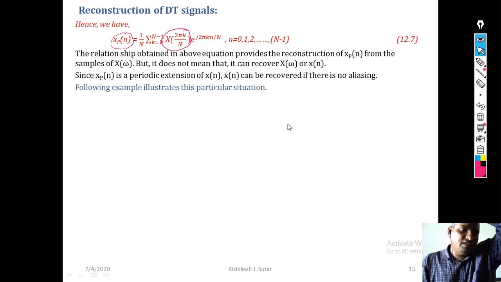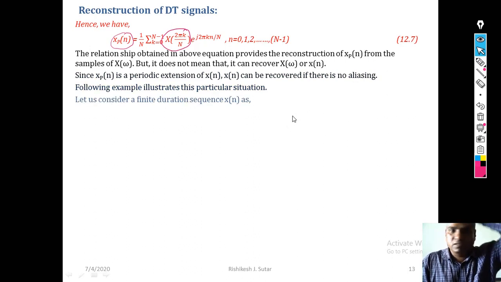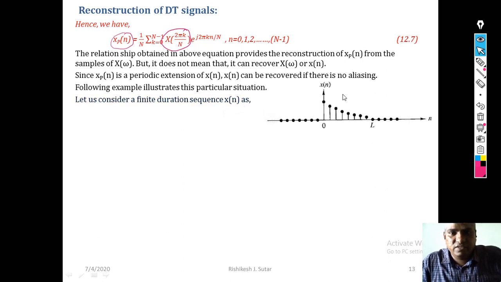For that purpose we'll consider a particular situation. Let us consider a finite duration sequence x of n. So this is my x of n, and it has its length as L, so it will have L number of samples.